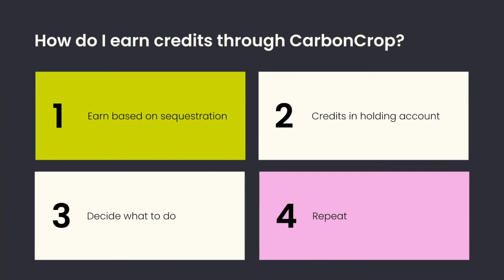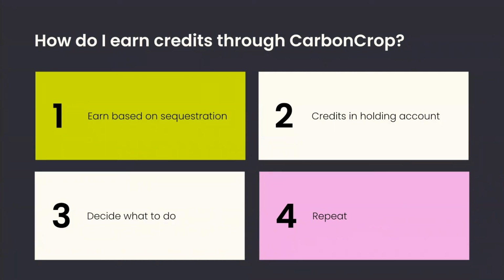You can keep your credits, either to make a claim about being carbon neutral, or you can just keep your eye on the spot price and see if it goes up, or just wait and see what you want to do. You can also sell them and get money for those carbon credits. And then after that, you repeat that cycle. You can file an emissions return annually, or also just once in the mandatory emissions return period. At CarbonCrop, we would take care of that process for you, but this cycle repeats.